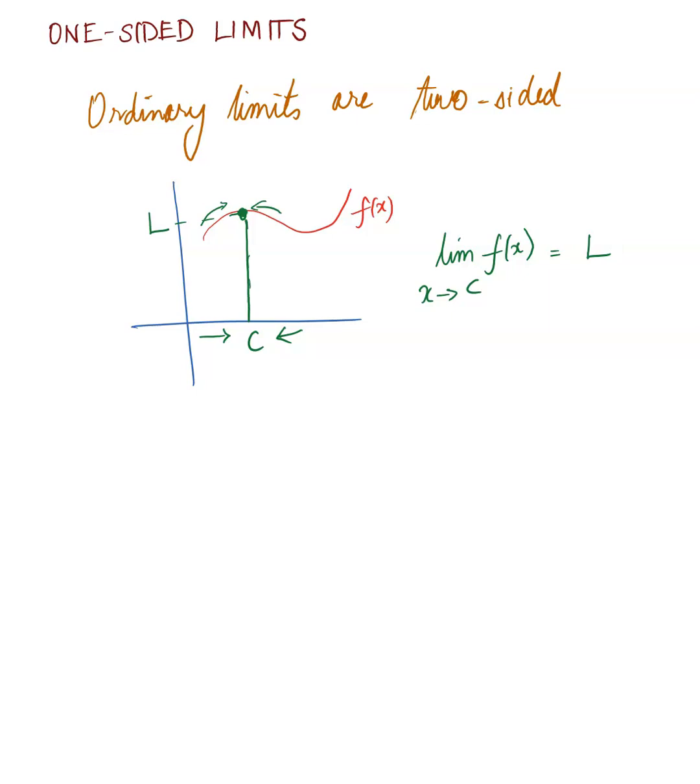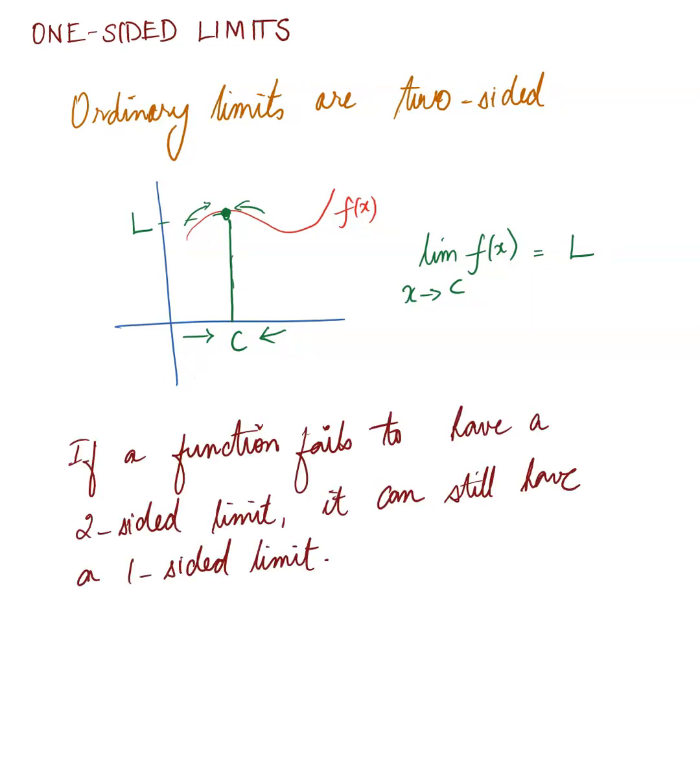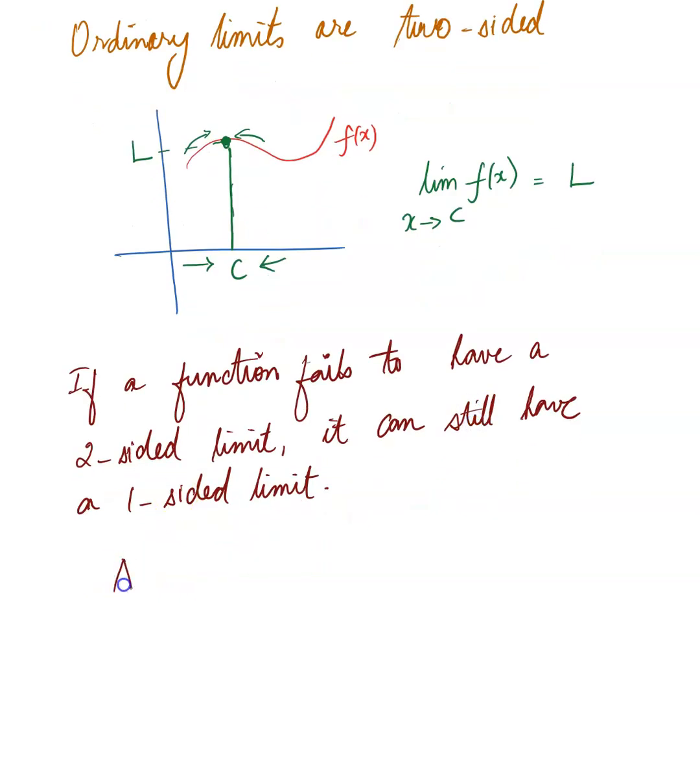So if a function fails to have two-sided limits, it may not point to that same L, but it could have a one-sided limit and point to L just from one side. So you can see that if the function fails to have two-sided, we can still go with one-sided. And so if we approach C from the left, it implies that we have a left-sided limit.